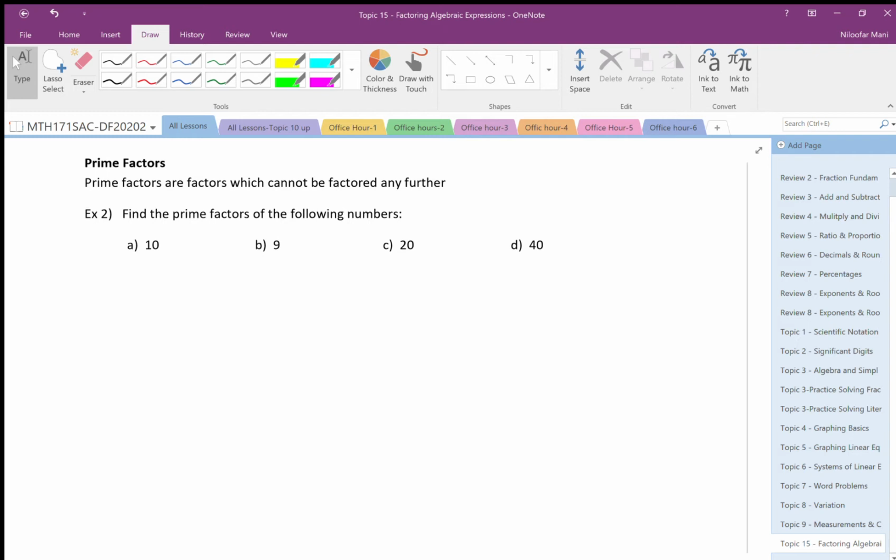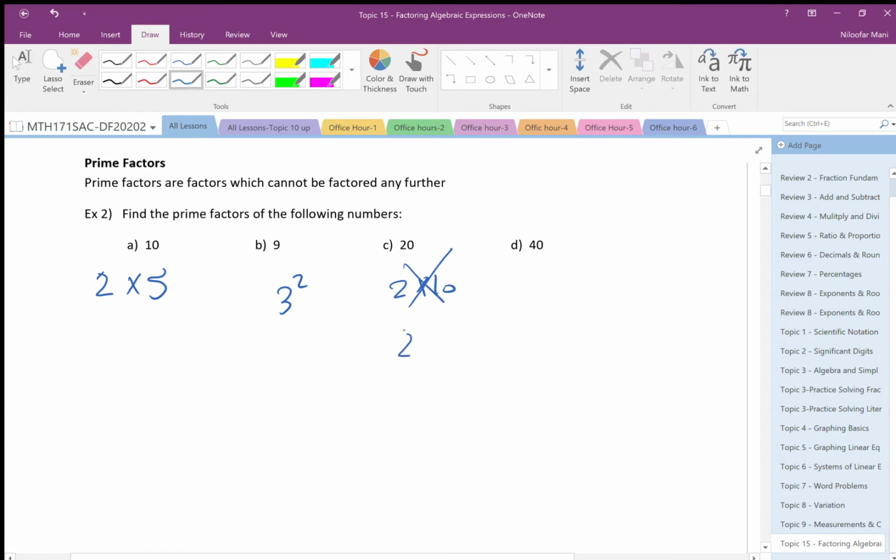So for example, 10 is 2 times 5. How about 9? It is 3 squared. I cannot continue more. How about 20? Yes, 2 times 10, I know, but I can continue to factor. I don't accept it because I can continue.